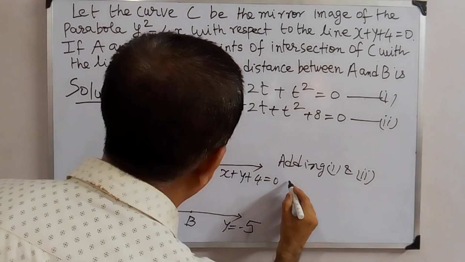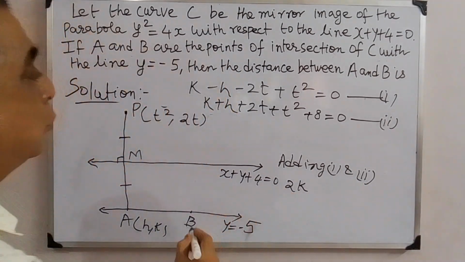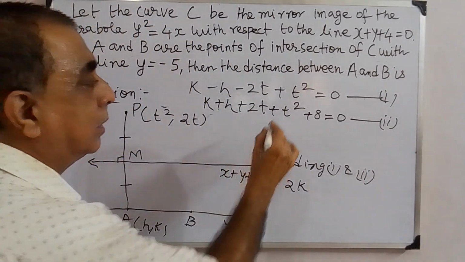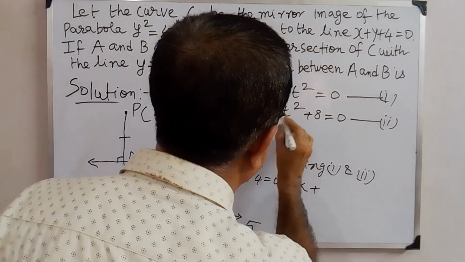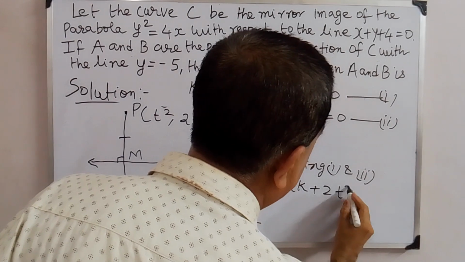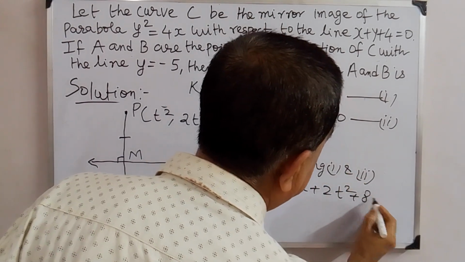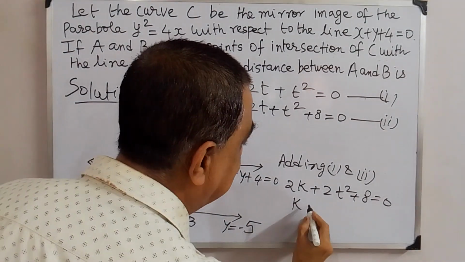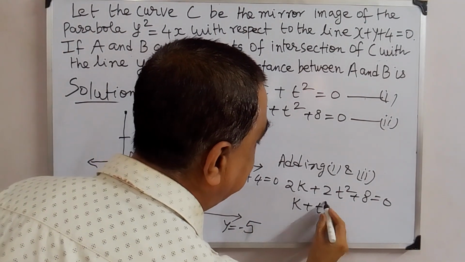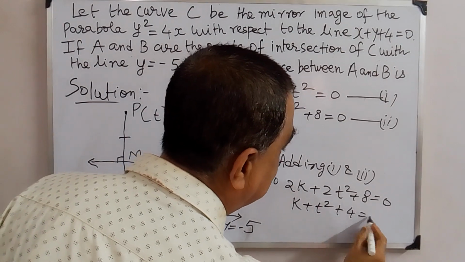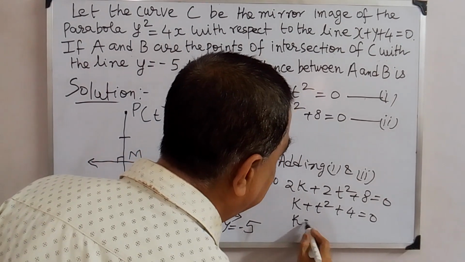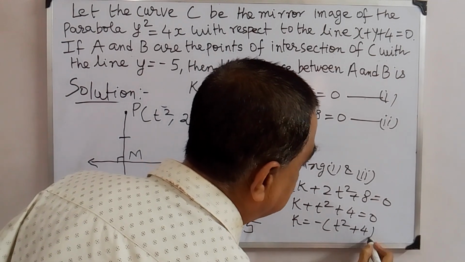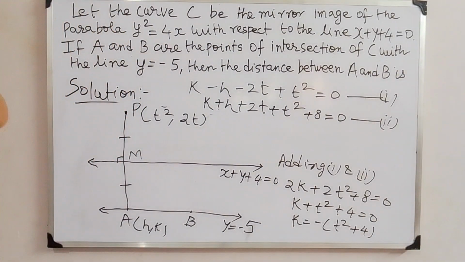Here k plus k becomes 2k, minus h plus h will cut out, minus 2t plus 2t will cut out, and we get t² plus t², that is 2t², and plus 8 equals 0. Now dividing throughout by 2, we will have k + t² + 4 = 0. So k equals minus t² minus 4. That is the value of k.